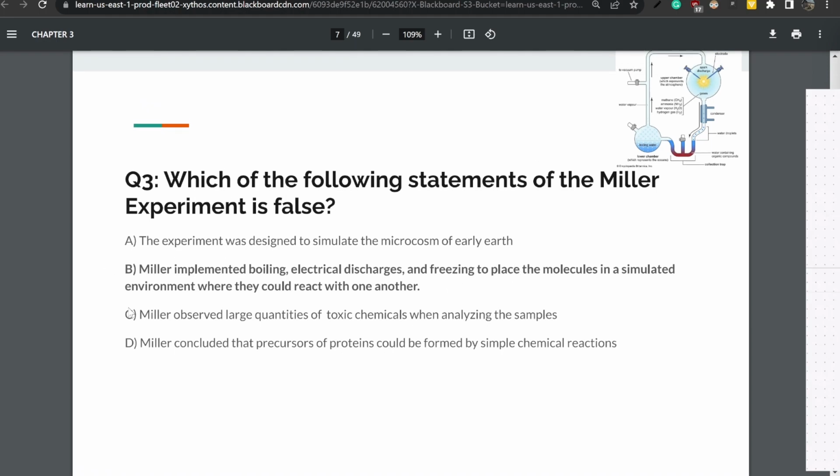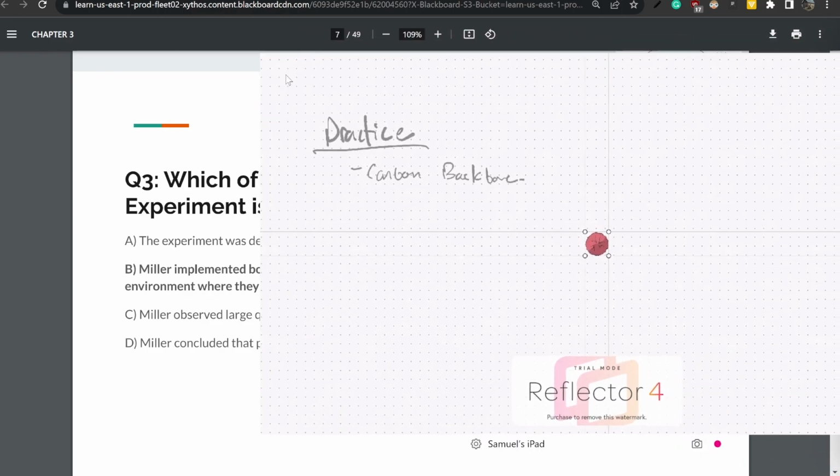What can I learn from this? There are toxic chemicals. So I'm gonna open this up and look at what's going on. Miller toxic chemicals experiment.